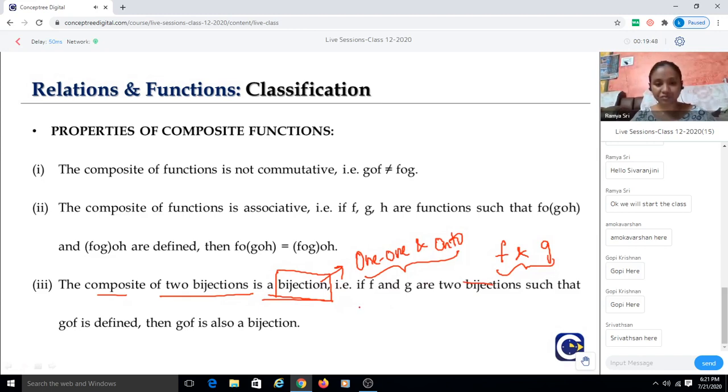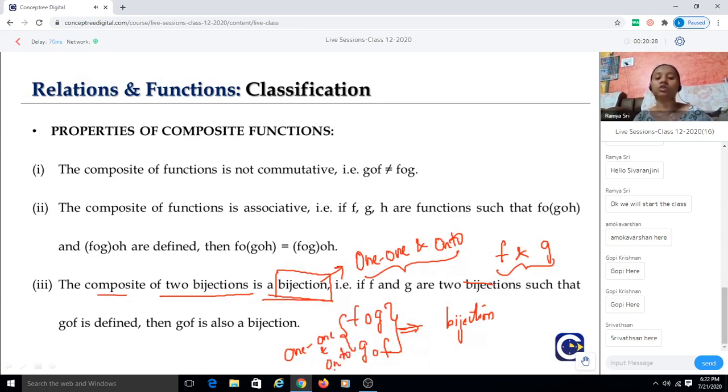For example, f of g, this is also one of our composite functions, or else g of f. So this is also our bijection, isn't it? Whether it is f of g or g of f, both these composite functions come from our two bijection functions. Hence both of these composite functions will also be a bijection, which means both will be one-one function as well as onto function, right?